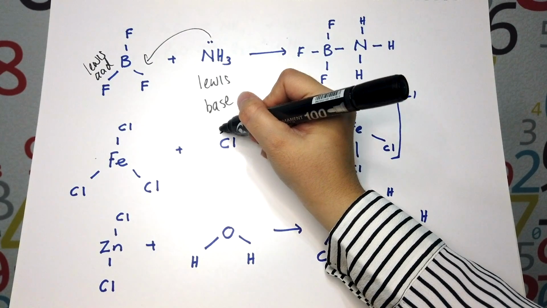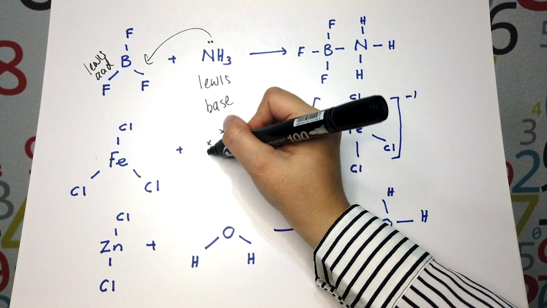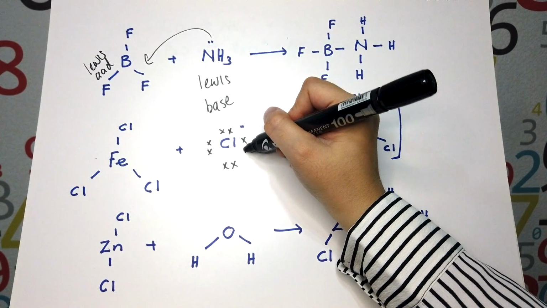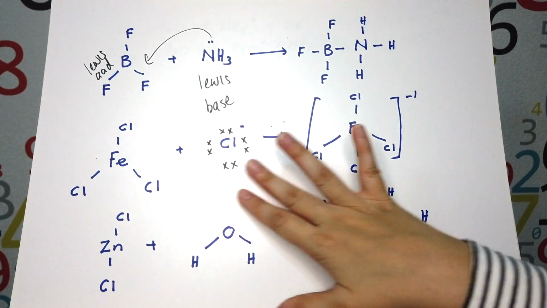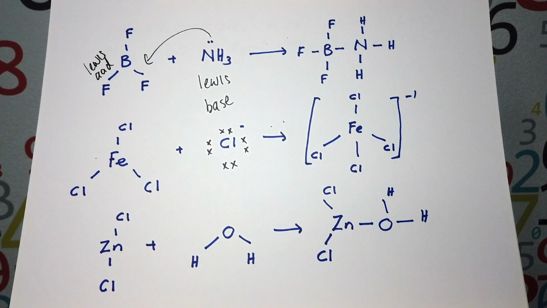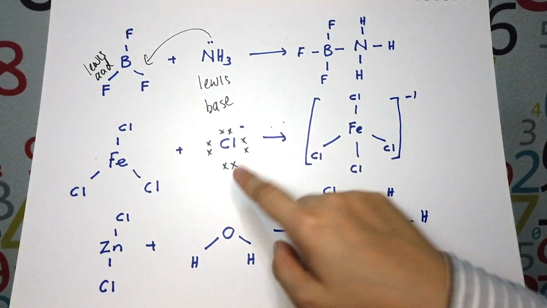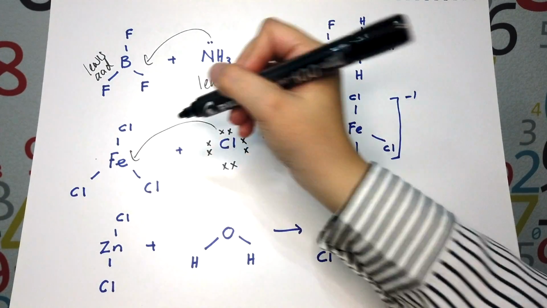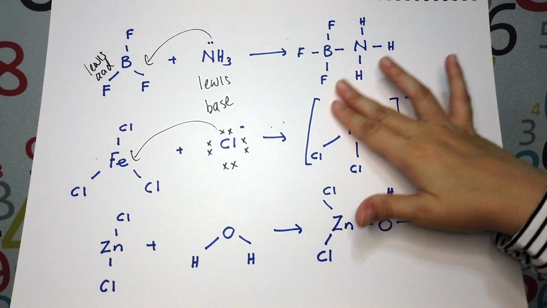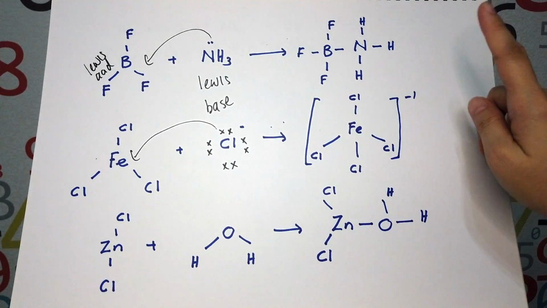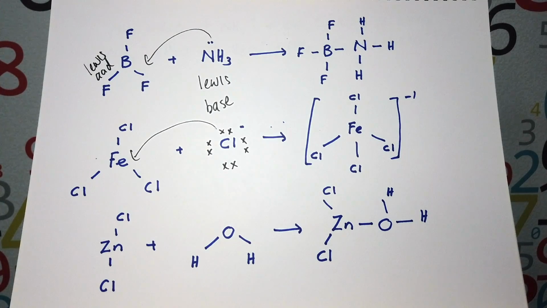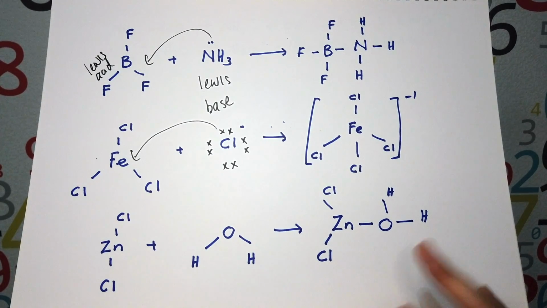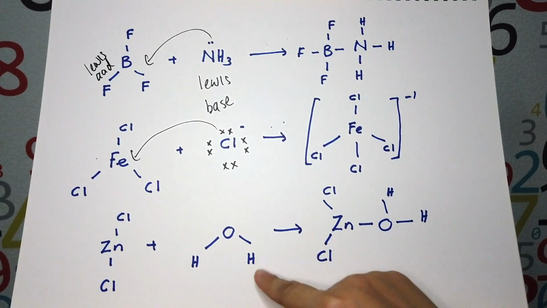So it should have 1, 2, 3, 4, 5, 6, 7, 8. So it has 8 valence electrons that are not bonded to other things, altogether 4 lone pairs. One of these lone pairs will attack, and this will create this one, making this whole molecule a -1 charge.